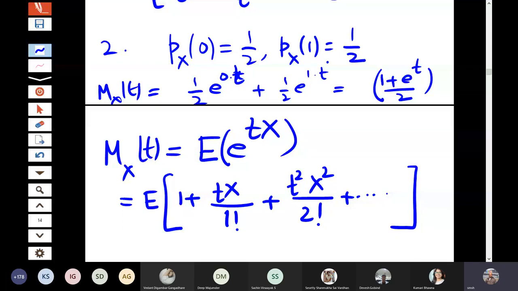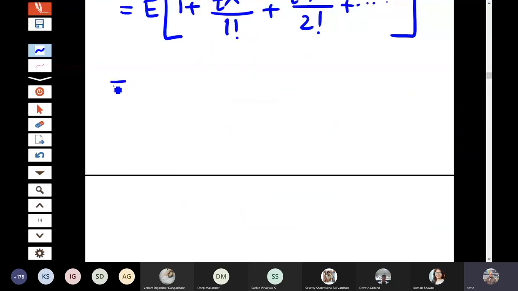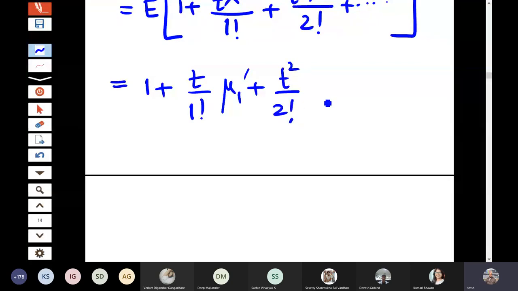If we assume that this function exists, then I can apply expectation term by term because expectation is a linear function. So this becomes 1 plus t by 1 factorial mu 1 prime plus t square by 2 factorial mu 2 prime and so on.